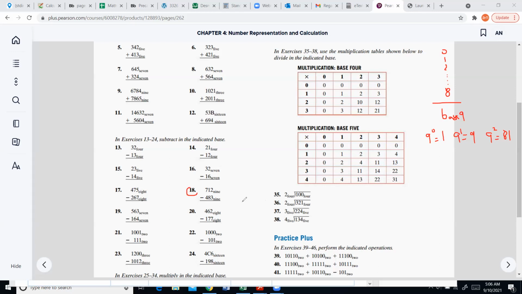Okay, so now I'm going to try to subtract these two numbers, and when I start out with the last digits, it looks like the 2 is too small, so I have to borrow. And when I borrow, nothing's going to be left for the digit before, because I borrowed 1, and I actually borrowed 9, not 10. So what we have on that position will be the 2 that used to be, plus 9.